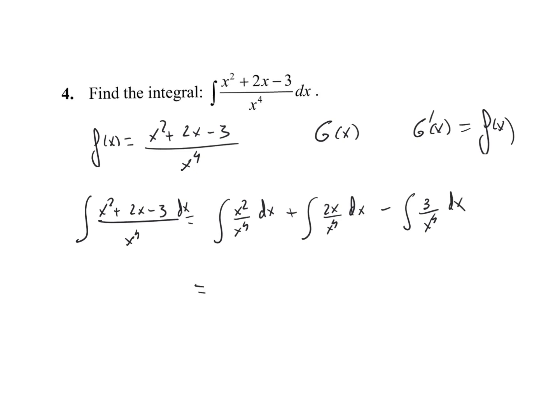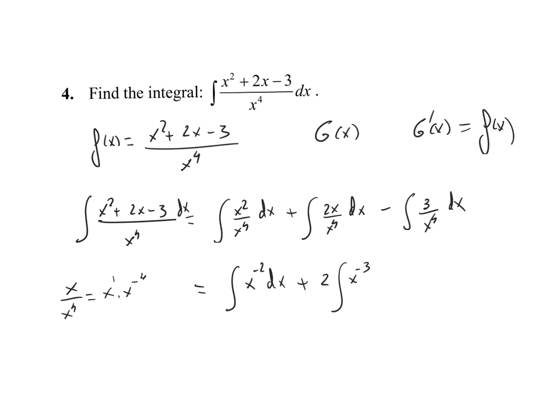So if I solve here, this is x raised to minus 2 dx, plus 2 times the antiderivative of x raised to minus 3, because x divided by x raised to the 4 is x to the minus 3. Or, if you prefer, x divided by x to the 4 is equal to x multiplied by x to the minus 4.